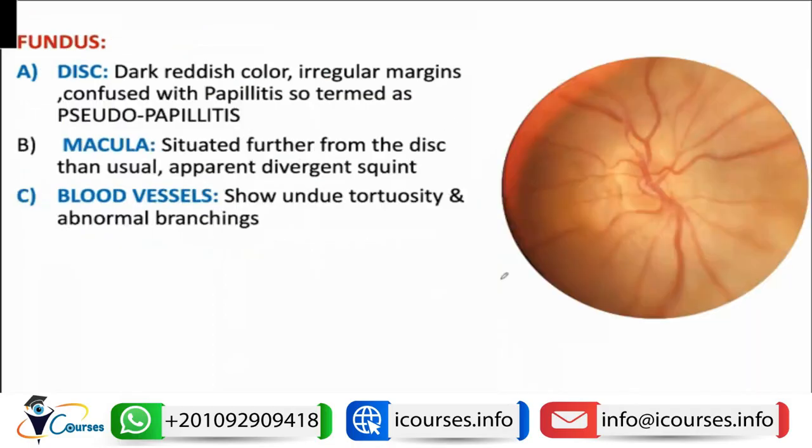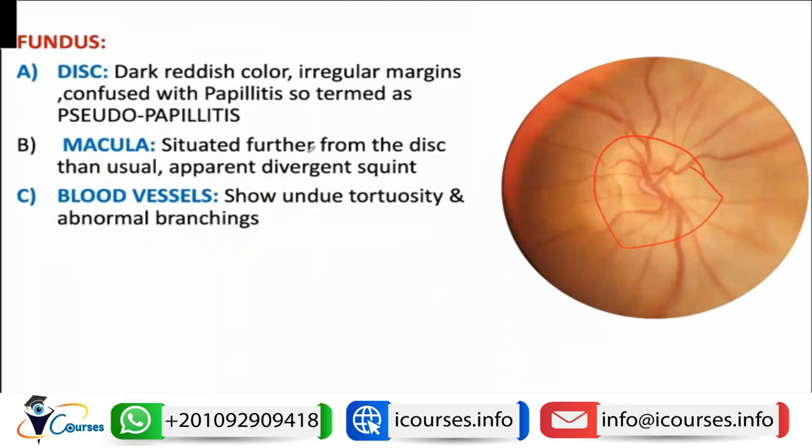When we're checking the fundus, we said that in myopia there could be some degenerative fundus changes, but in hypermetropia, since the eye is small and the vessels are crowded, this can give the appearance of pseudopapilledema, like a tilted disc or a small hypermetropic disc with crowding of the blood vessels that can sometimes give the perception of disc swelling, but this is a pseudo swelling rather than a true swelling.